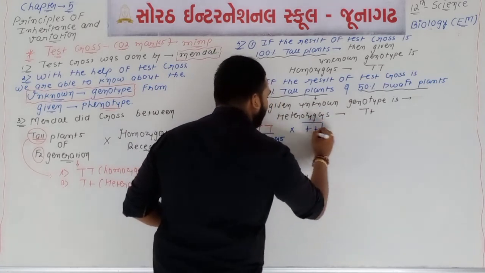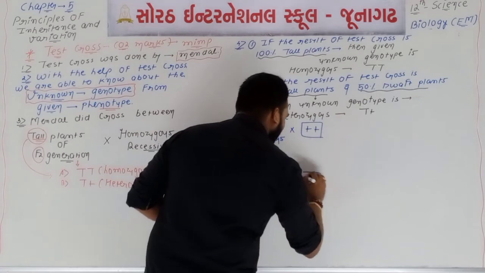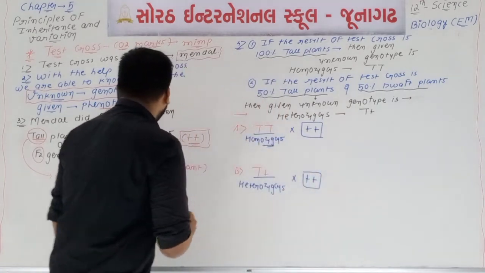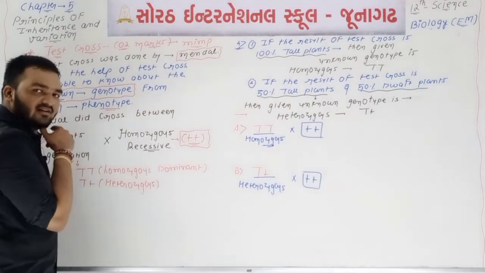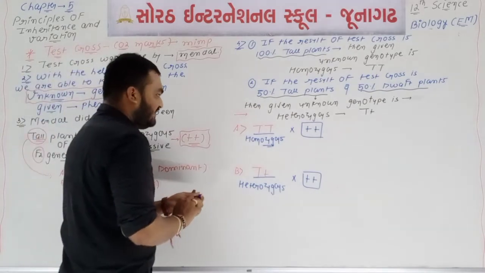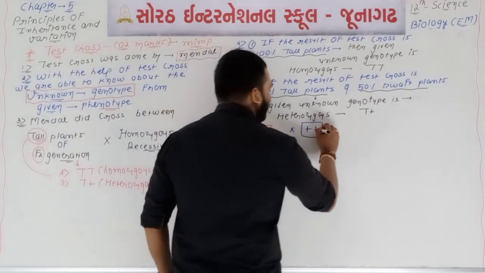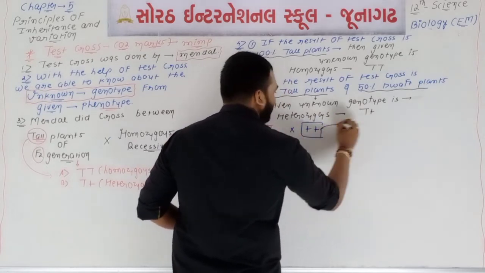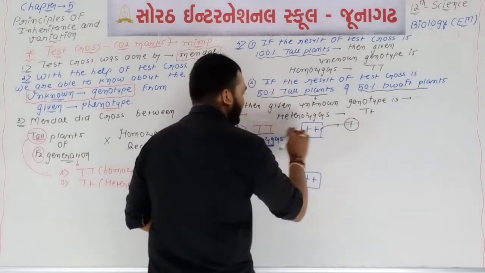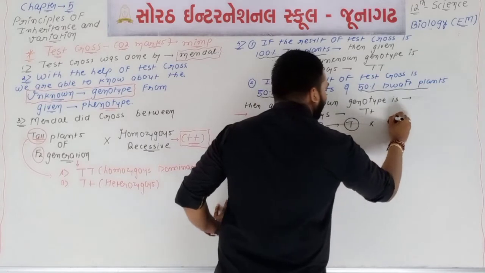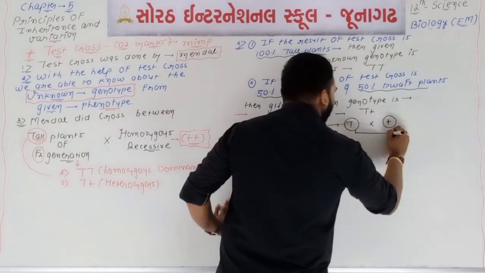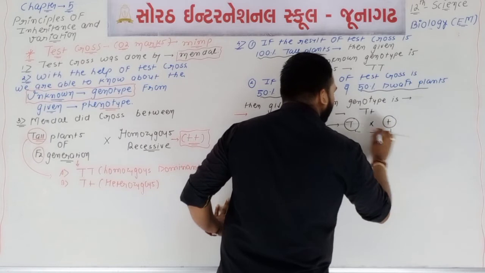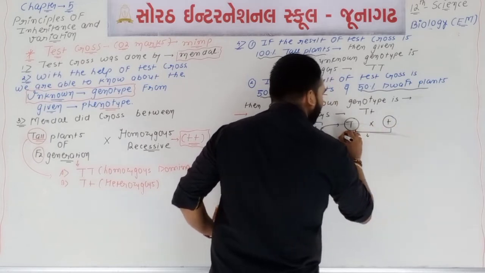See, this small t small t is fixed, because the unknown plant must be crossed with homozygous recessive. So if we produce the gametes from here, then capital T will be produced from this parent, and that parent will produce the small t. So capital T combines with small t, and the zygote will be formed, and the result will be capital T, small t.